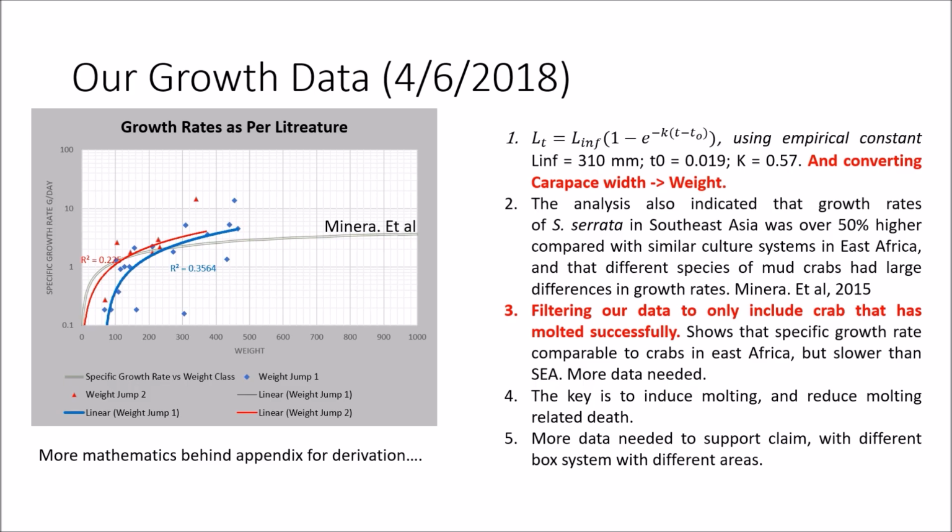When you move them out of the box, you'll see their feeding rate increase. We notice that this happens to mud crabs as well. By confining them in such a small space in a box, especially with bigger crabs, anything beyond 500 or 600 grams, we see a decrease in the feeding rate.